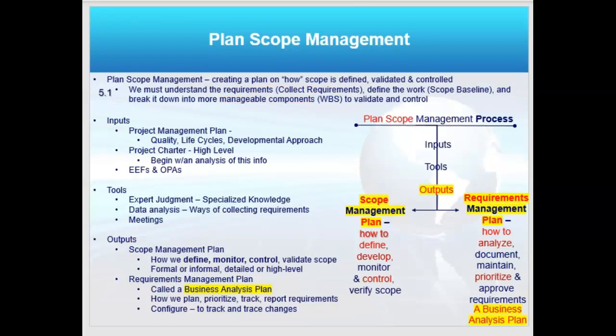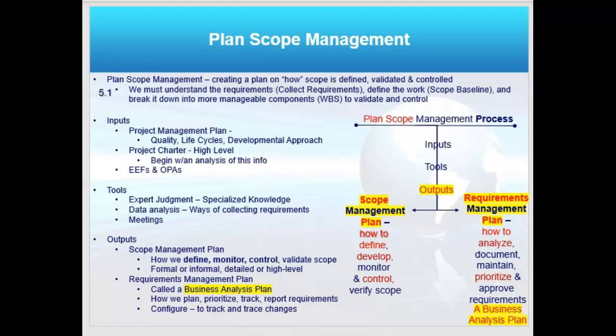Now, plan scope management was our first process, and it's got your typical inputs, tools, and outputs. But normally when I plan a management plan, I end up with the management plan as the output, and I just get one. This is kind of an odd one because I have two management plans. So even though the process is called plan scope management, I'll end up with two management plans.